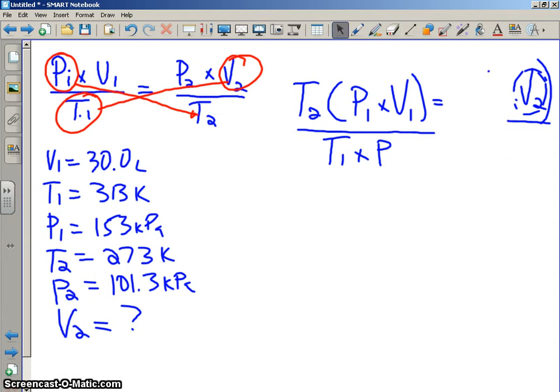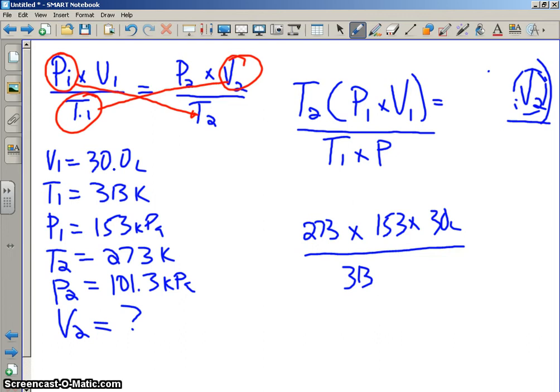Okay, so now plug and chug the numbers. T2 is 273 times P1 is 153 times V1, which is 30 liters, over T1, which is 313, times P2, sorry, somehow I didn't carry that over, P2, which is 101.3.